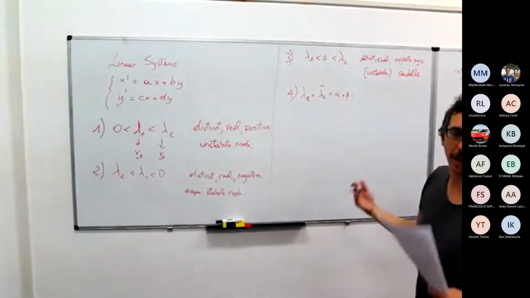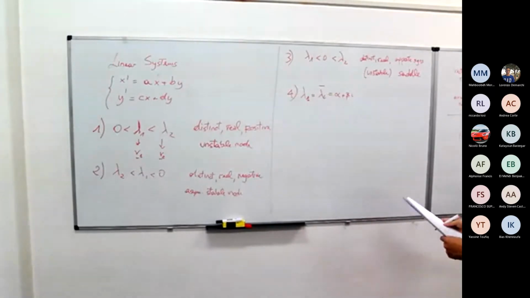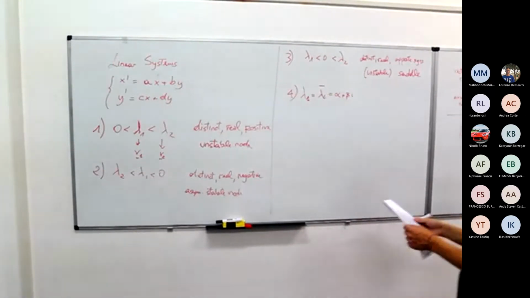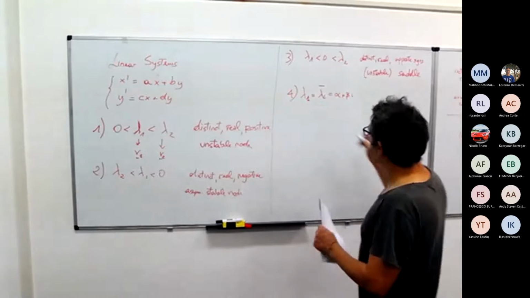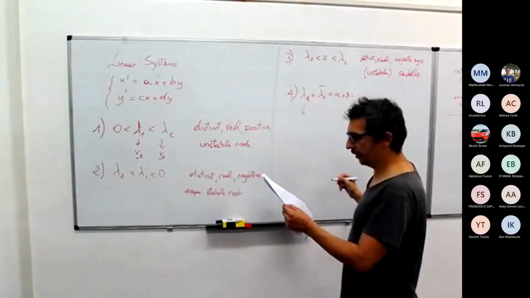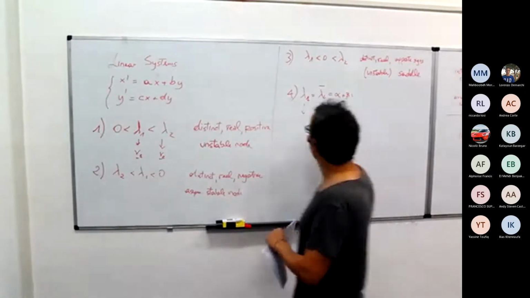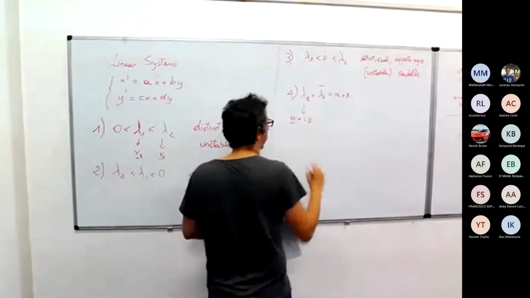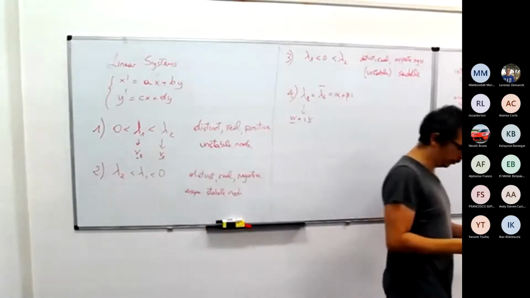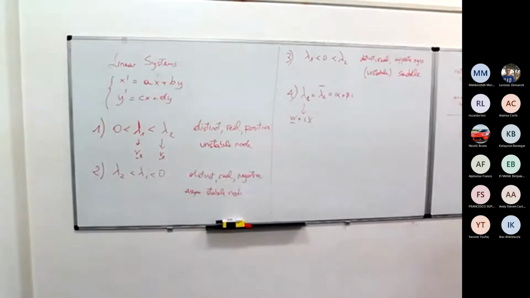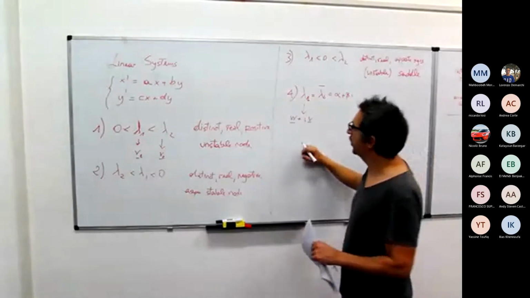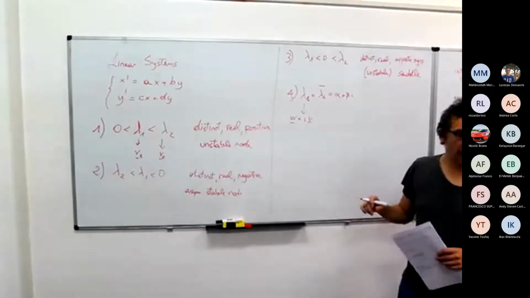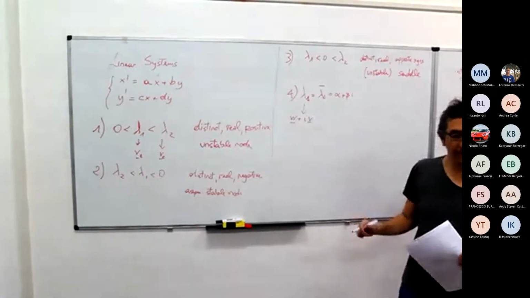In fact, let me suppose that the complex eigenvector corresponding to lambda 1 is some object that I would like to write as W plus iV. Now, let me consider the part of the general solution which depends on this W plus iV.